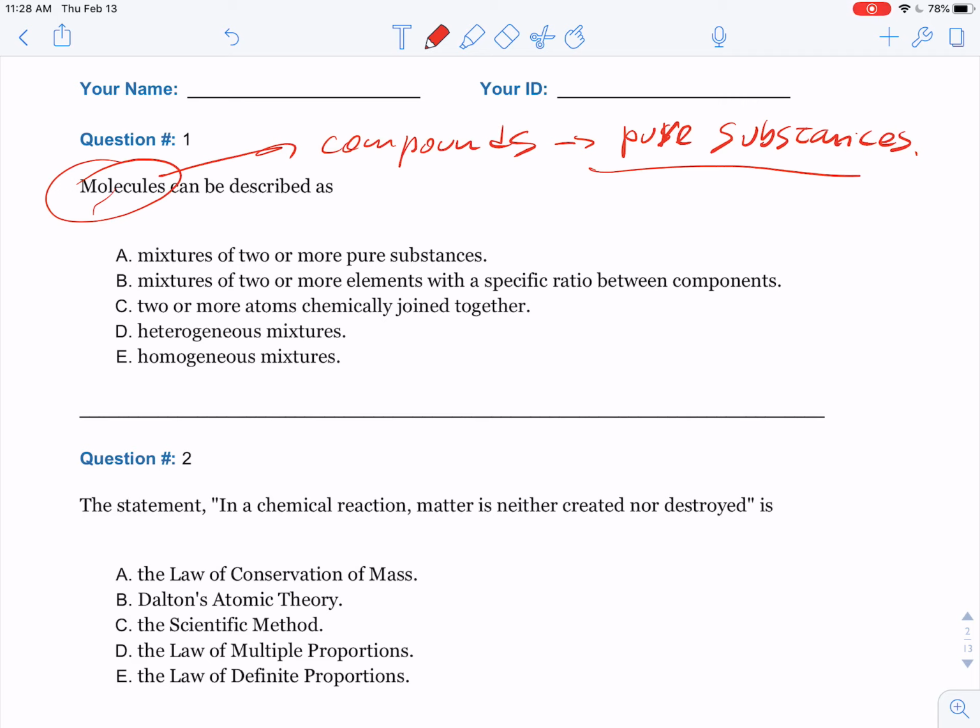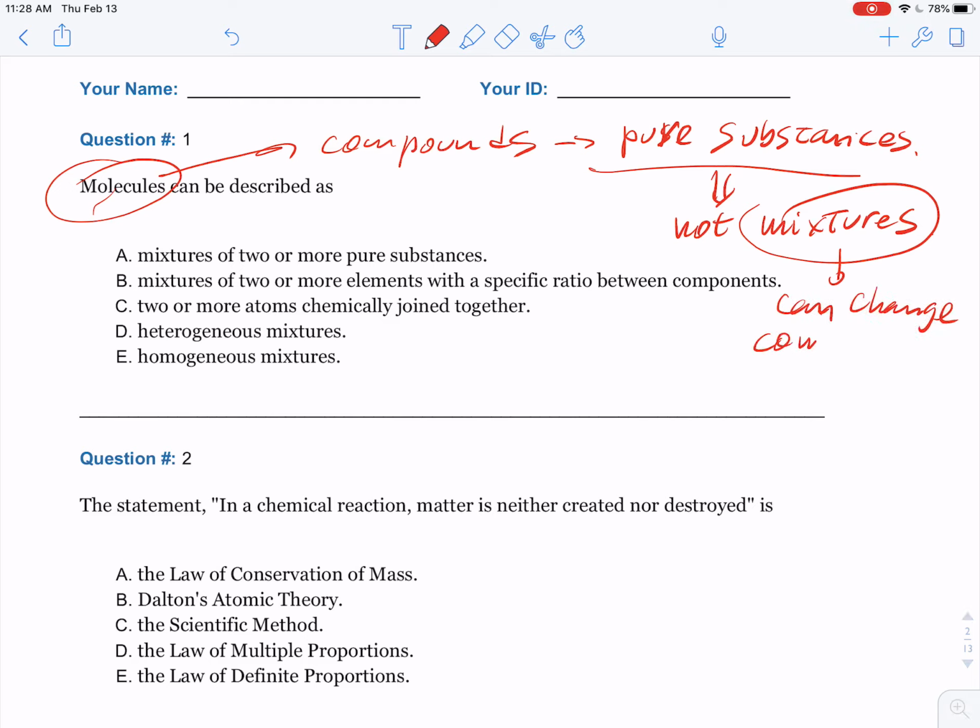And as such, pure substances, if you remember, are not mixtures. Mixtures can change composition without changing chemical identity. But compounds, our pure substances, cannot do that.